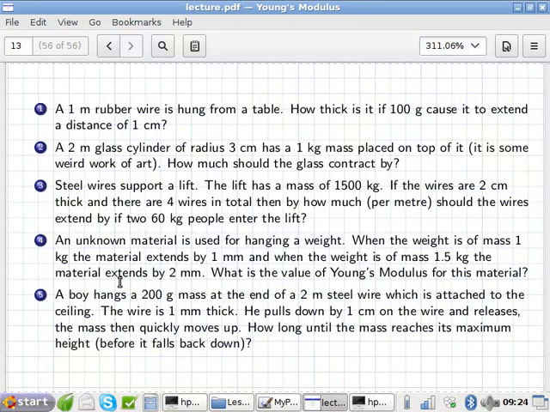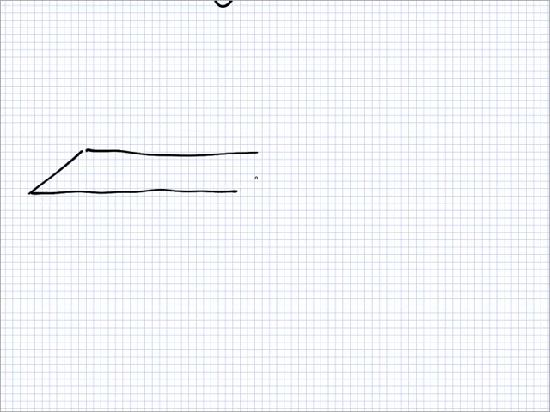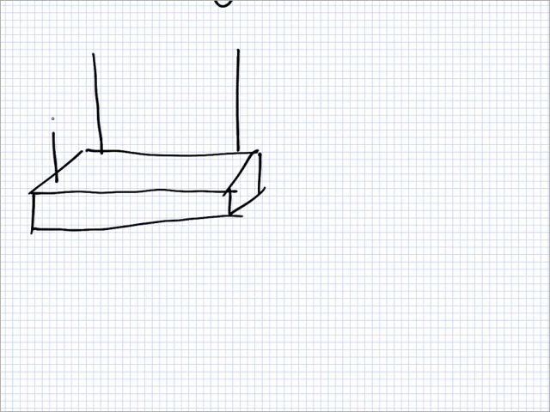The lift is 1,500 and the wires are 2 centimeters thick and there's 4 wires. Okay, so what you have here, you have your lift and you have the 4 wires, and then the people enter the lift.